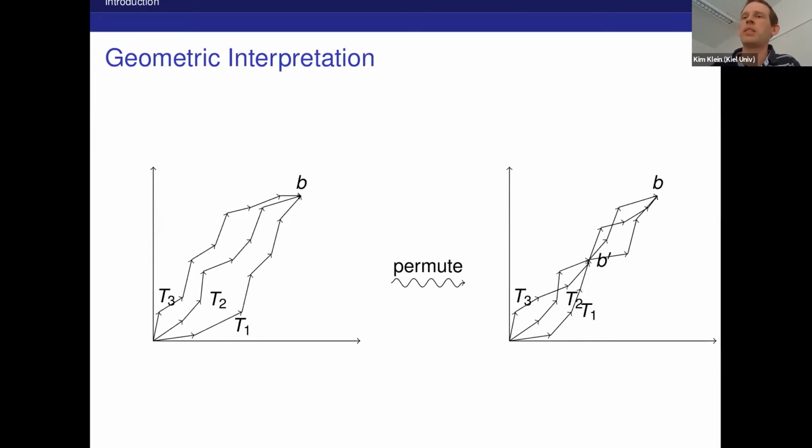B prime doesn't necessarily have to be on the line between 0 and B, but it can be somewhere else. I hope you have an intuition for the lemma now.